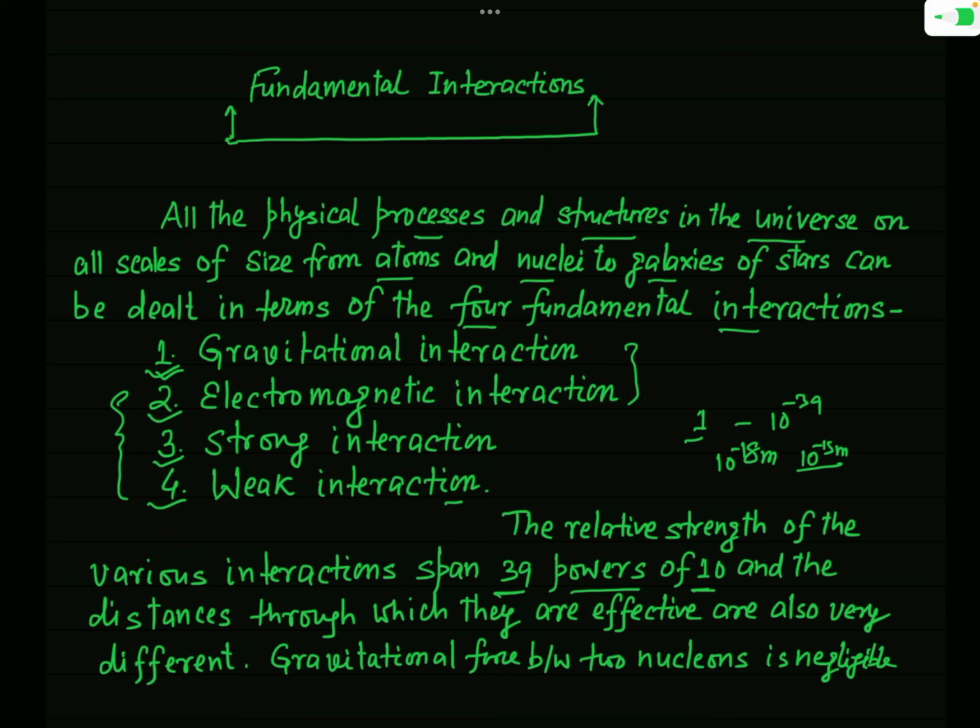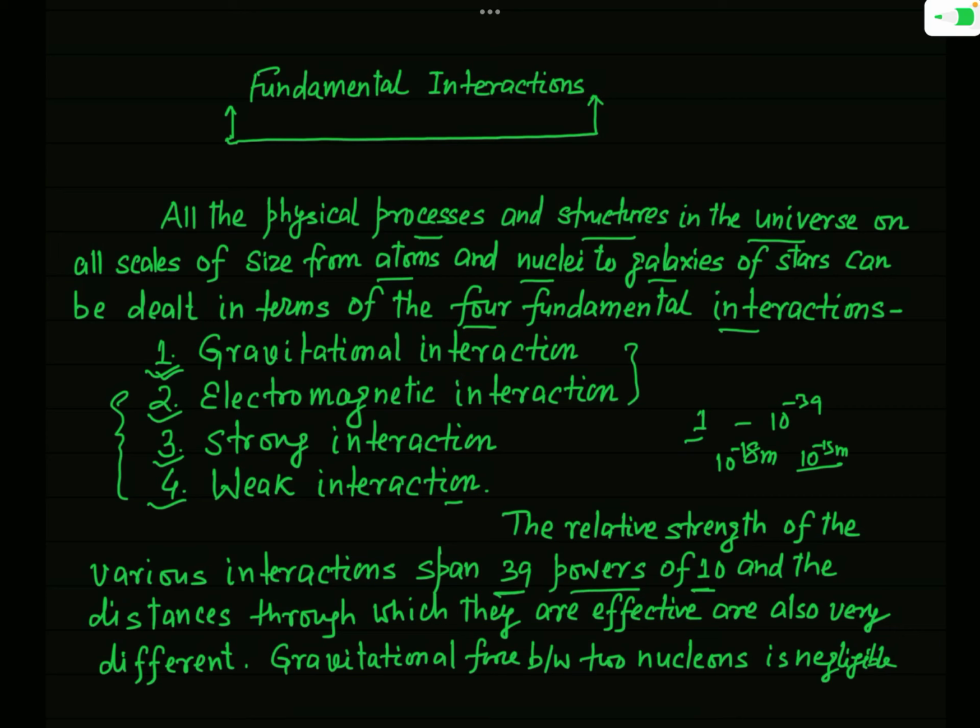It means these two forces will vanish only when the separation between the interacting particles is infinitely large. So gravitational and electromagnetic interactions are long range, while strong and weak interactions are short range.